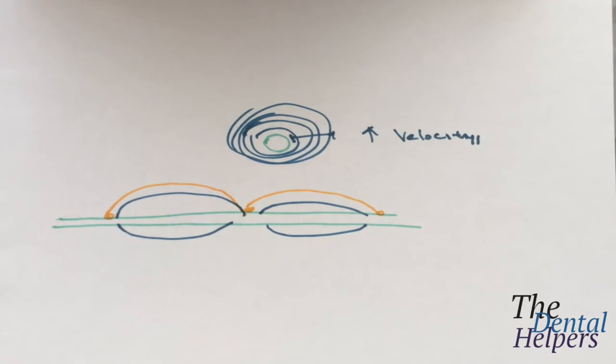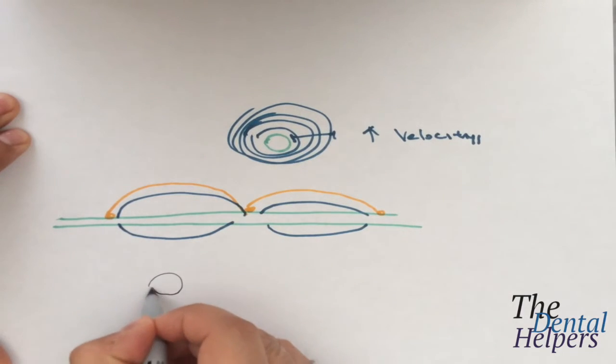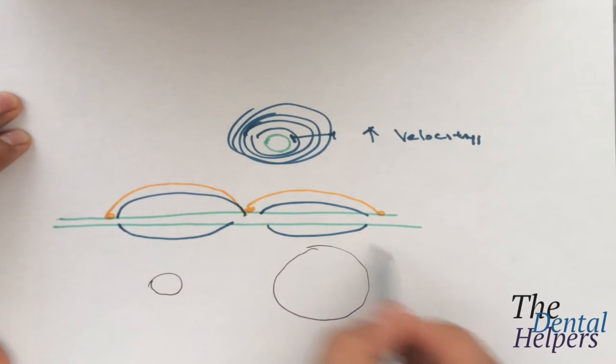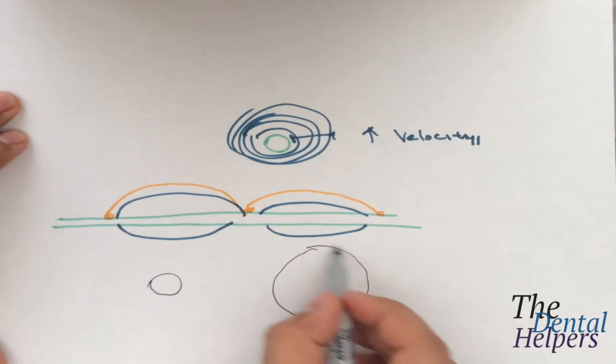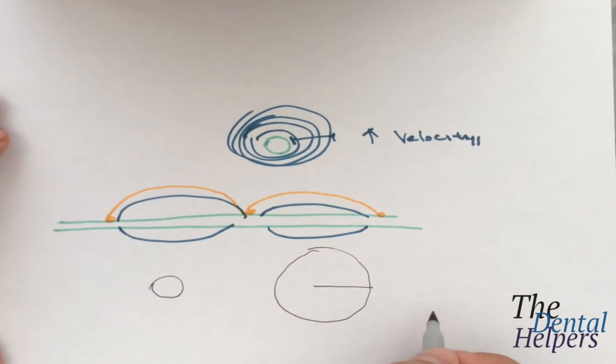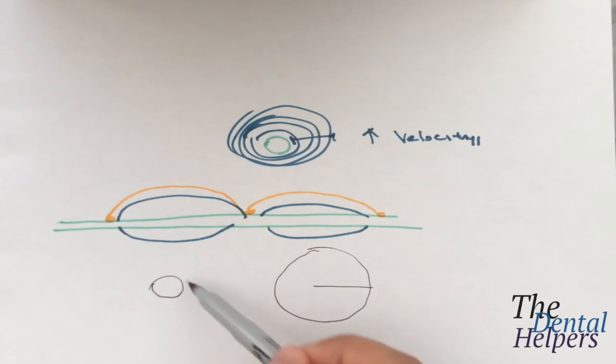The other thing is, if we were to compare the axon itself, and look at two different axons, like this is the axon of a squid versus our axon. The squid's axon is very large, and so it has a large diameter, and if we think about it in terms of water, if I were to shoot water down this axon, my limitation in terms of velocity is the diameter of that pipe.